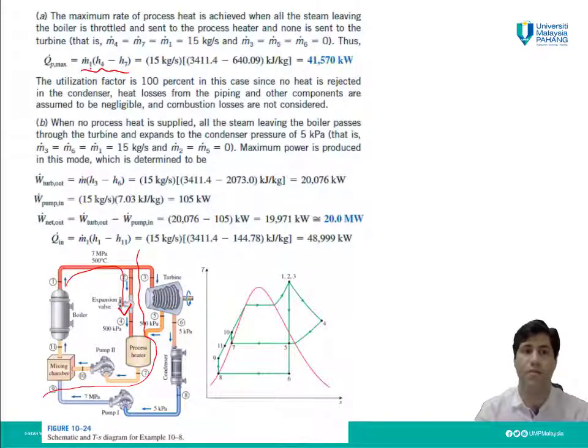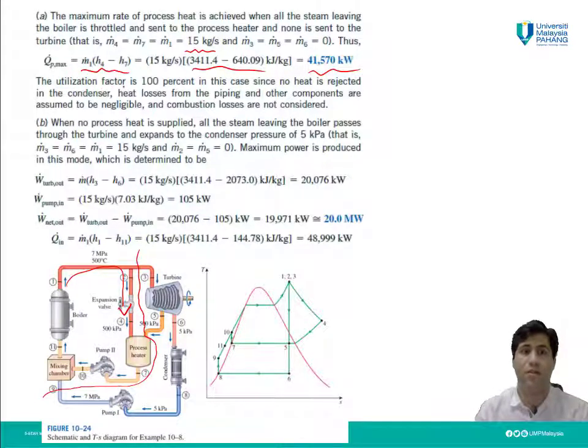Simply by substitution of this information, we know m dot 1 is 15 kilograms per second. It is given in the question. And we have also already calculated and found h4 and h7 in the example. So Q dot P max, the maximum process heat which we can get from this cycle, is this much.